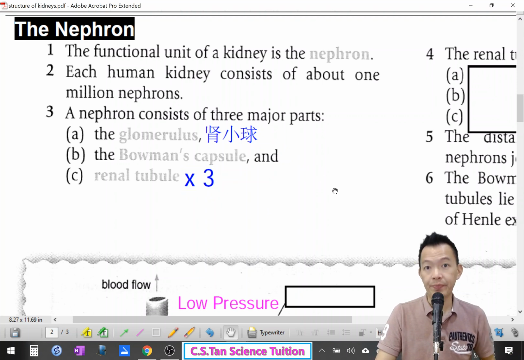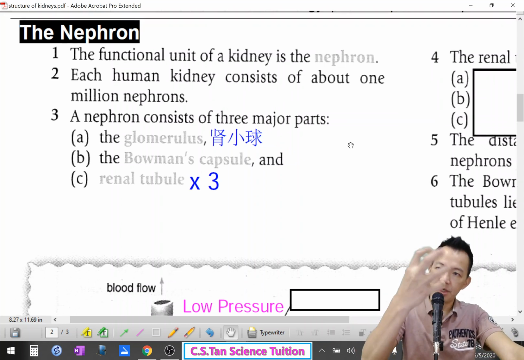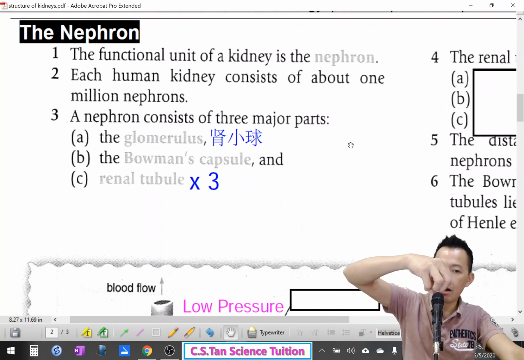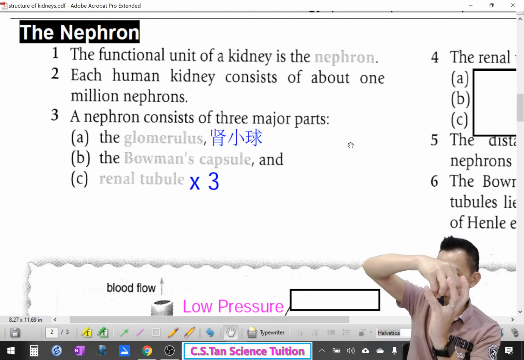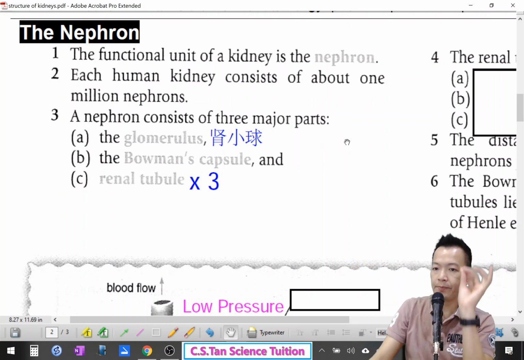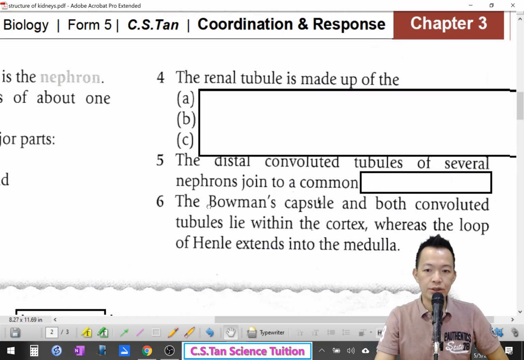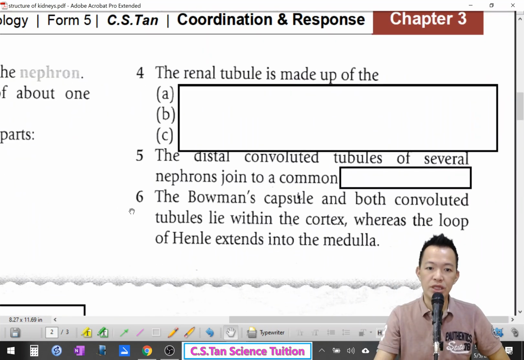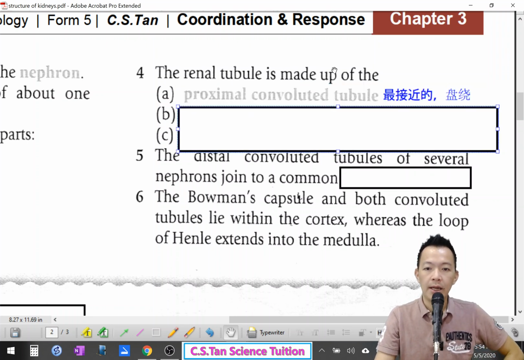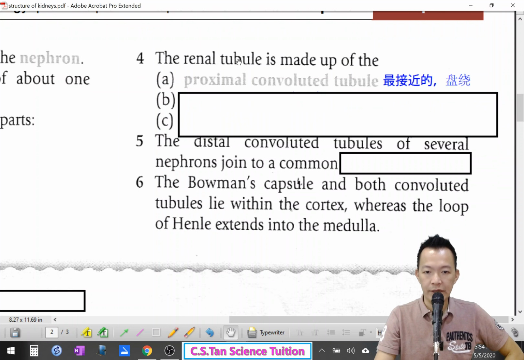So 肾单位有3个结构: glomerulus, Bowman capsule and renal tubule, and the renal tubule actually is made up of 3 types. 它里面有3种. Okay, so the first one, number 1, proximal convoluted tubules.